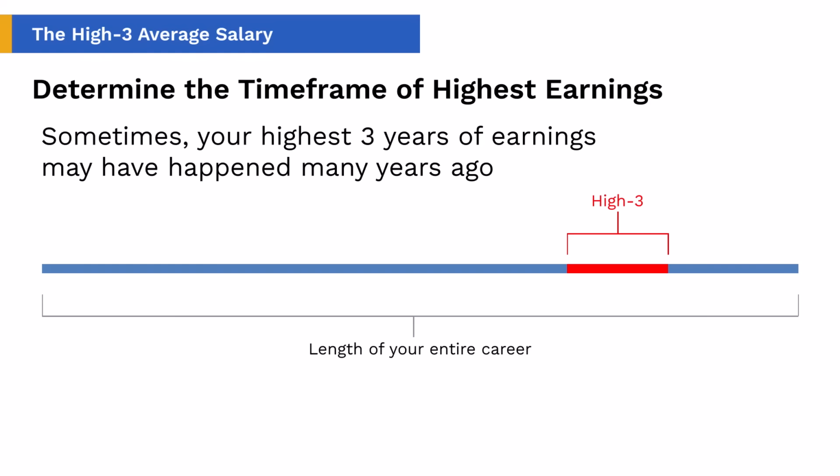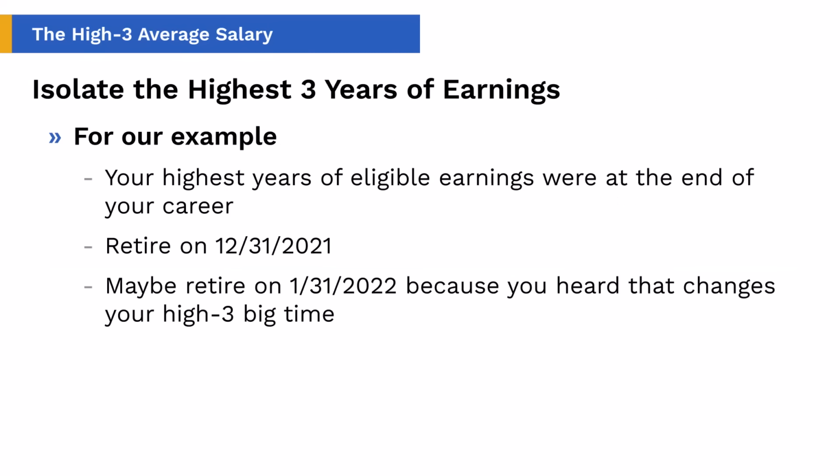Okay, so when we isolate those High-3 years of earnings, to make this simple, we want to use an example to show you how the numbers really play out. For our example, we're going to say that your highest 3 years of eligible earnings were at the end of your career and that you plan to retire on December 31st of this year, 2021.